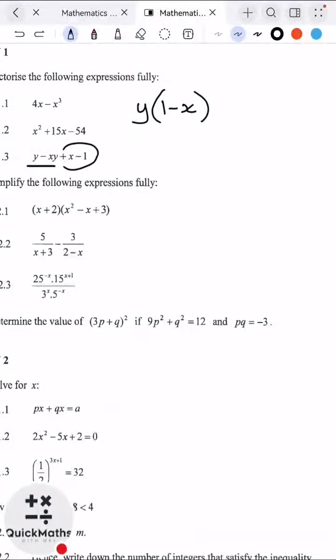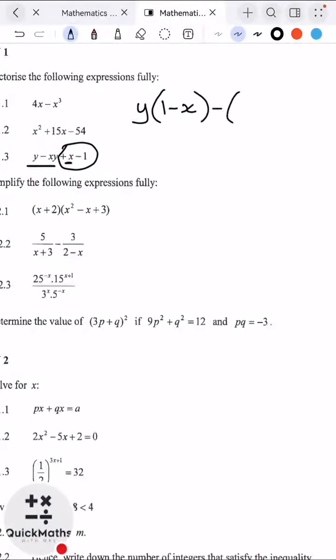If I look at these 2, this looks similar. It's almost the same, though not the same, because the signs are wrong. But we should know how to fix the problem of wrong signs. We fix the problem of wrong signs by taking out a negative as a common factor. So I'm going to take out minus 1 from here. So minus 1, open bracket.